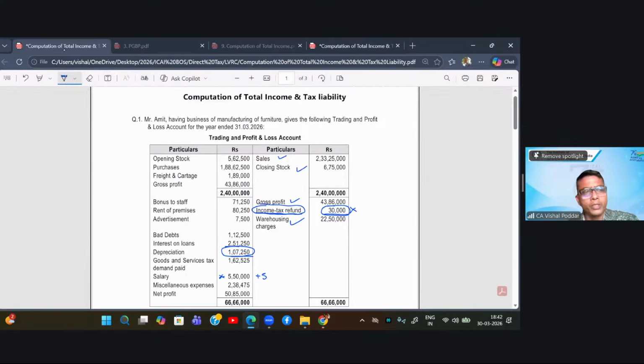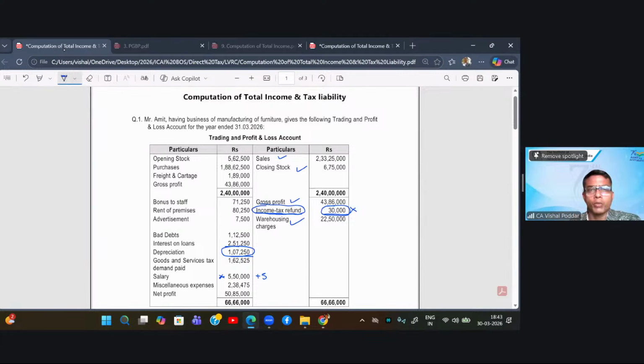Since I'm considering the entire depreciation as per income tax in subtraction, I have first added the entire depreciation.